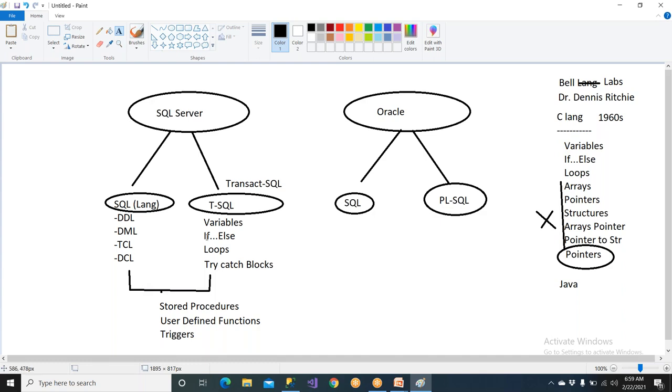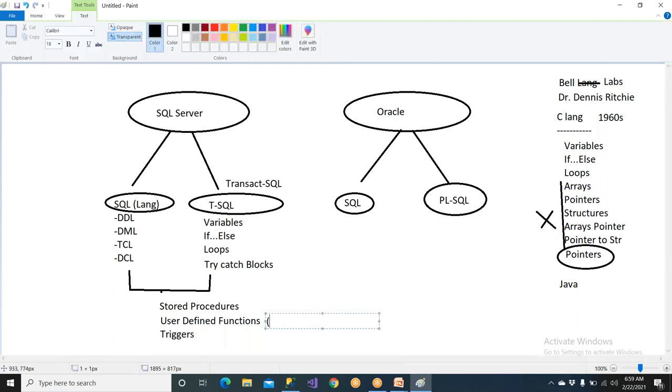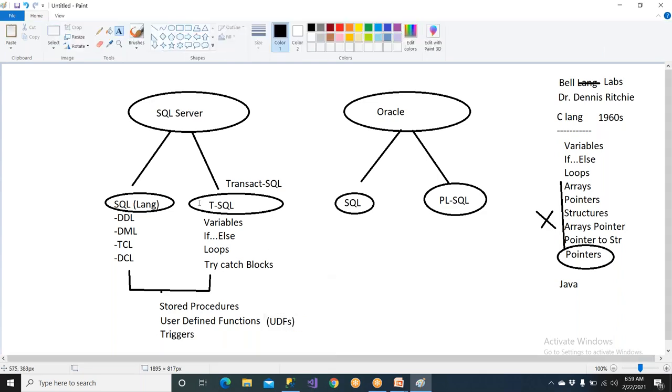But if you want to learn advanced concepts like stored procedures and user defined functions, these are called UDFs, right? If you want to learn them, definitely you should know programming. Which programming am I talking about? T-SQL programming. With the help of that, you are going to be writing stored procedures, user defined functions, and triggers. Clear?